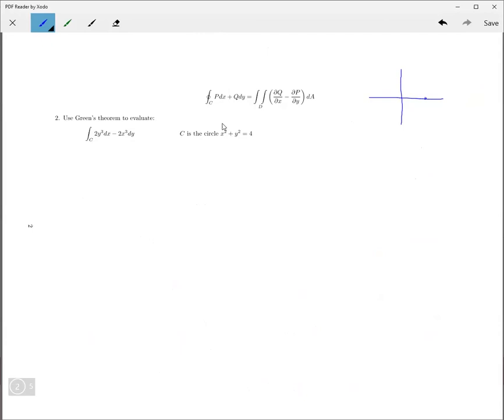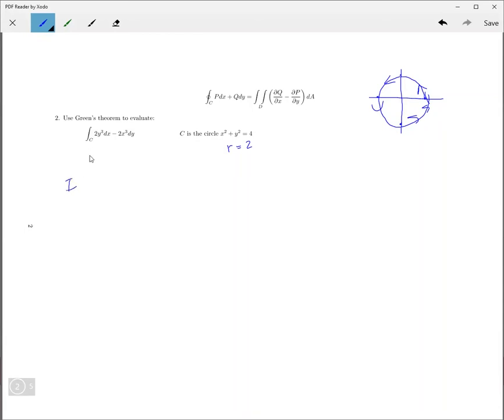What's the radius? 2. Yes, that's 2, and the center is at the origin. It doesn't say the orientation, but we're just going to assume it's the positive orientation.